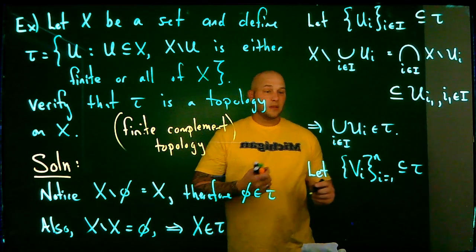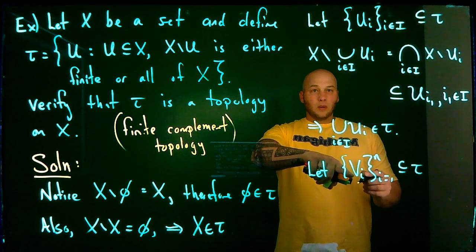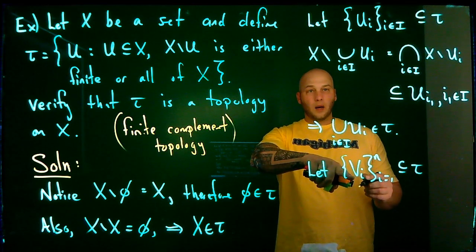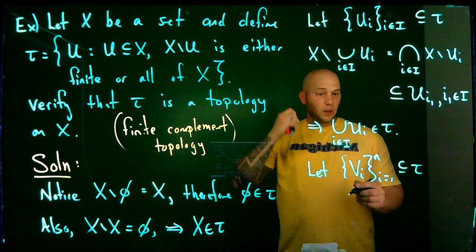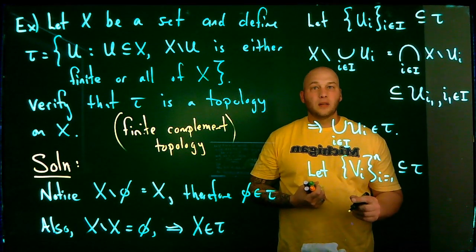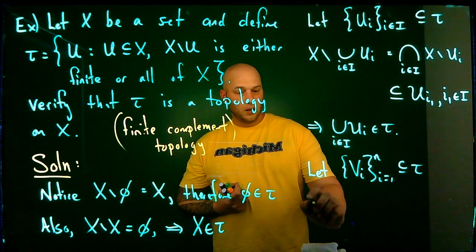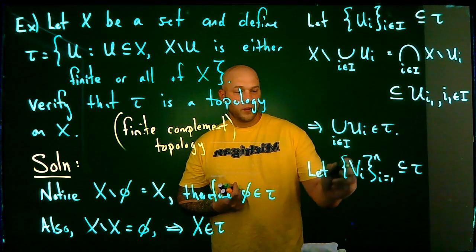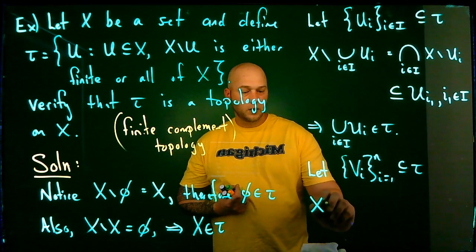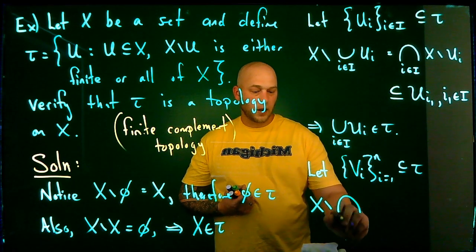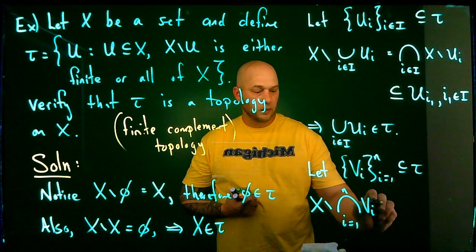So again, that means that the complement of each one of these is finite or all of X. And so what I need to do is determine if the intersection of all those V_i's is an element of tau. So my test is I'm going to take X minus the intersection from i equals 1 to n of V_i, okay?